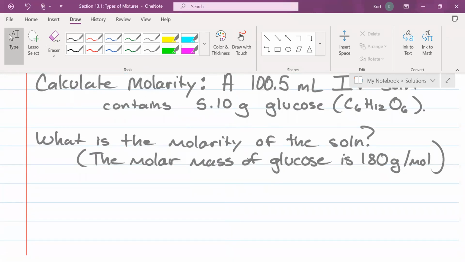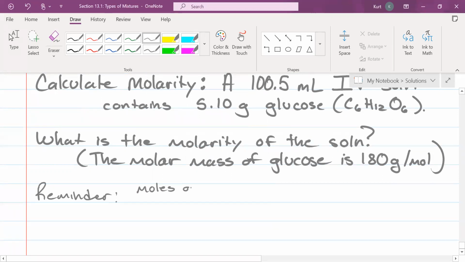Okay, so reminder. You're trying to find the molarity. What is molarity? What over what? Moles of solute. And what is your solute in this problem? What is the thing that is getting dissolved? Glucose.